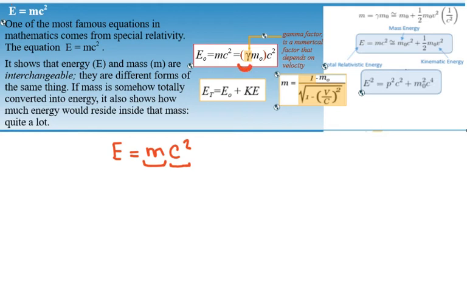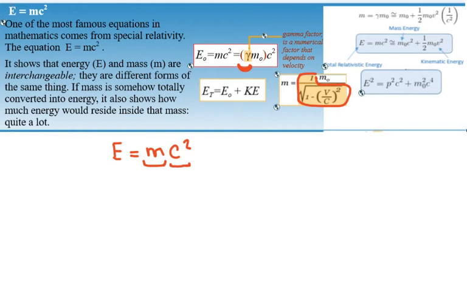And that gamma factor has its own formula. So this would be the gamma factor formula. We don't have to use it in AP Physics 2. I'm just mentioning it so you know that that's not the full formula, that's just mc squared. And so the gamma factor includes the velocity. You see v over c squared there. So you see v, and this velocity is the velocity of the mass relative to an observer.